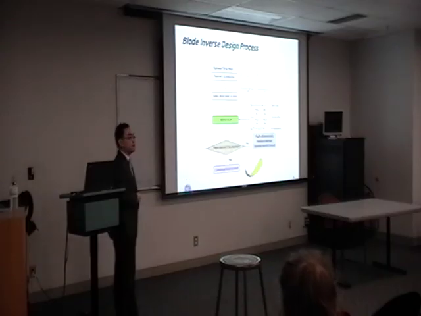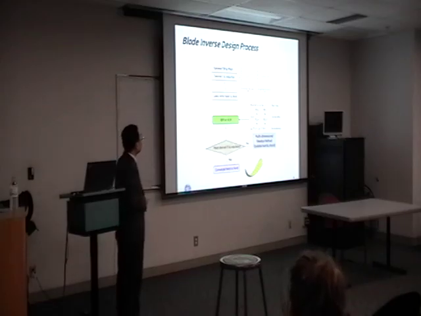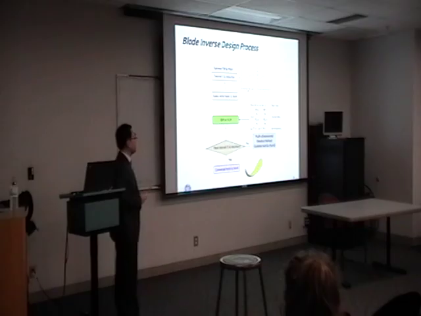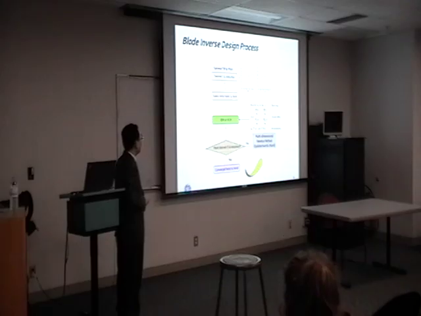So I want to summarize what I have discussed so far. We start from the optimal tip speed ratio and pitch angle, and then we prescribe the desired CL and axial induction from an aerodynamic perspective. Then we start with an initial guess of twist angle and chord, and then we run the BEM and BLM.